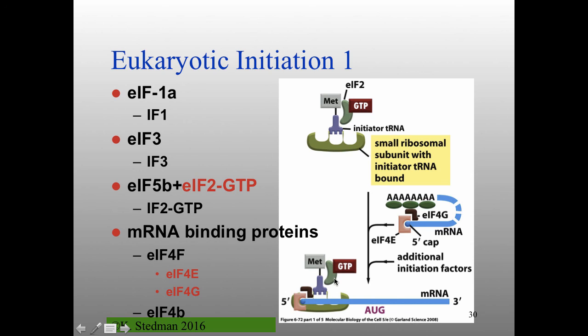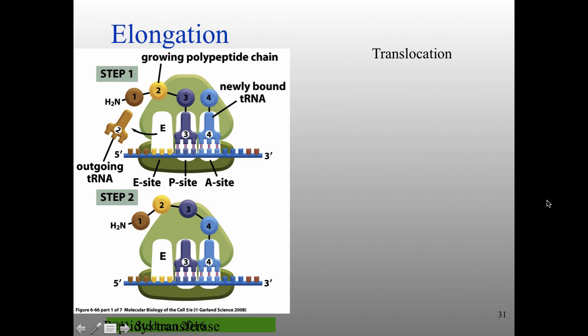Once you have cap binding, the ribosome moves along your messenger RNA until it gets to the AUG. Once it gets to the AUG, your initiator tRNA and the equivalent of IF2, eIF2, undergo GTP hydrolysis, and that protein is removed. Now the large subunit comes down. That large subunit has the transpeptidation activity, which will allow you to hook up your growing polypeptide chain to the tRNA, which is in the P site.